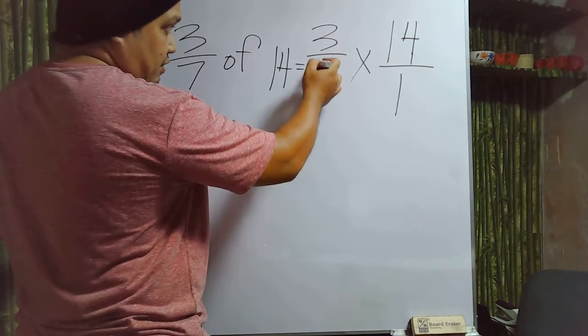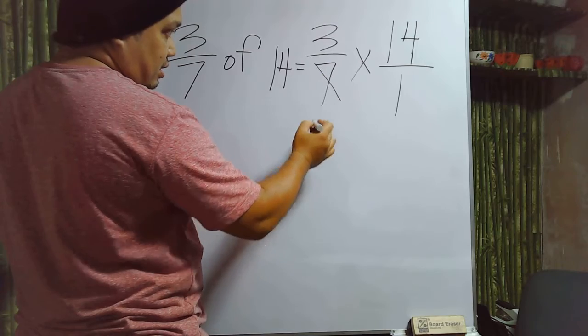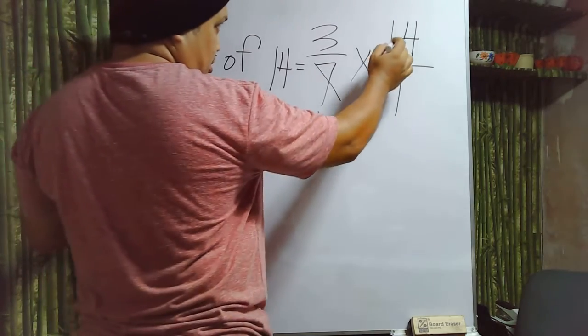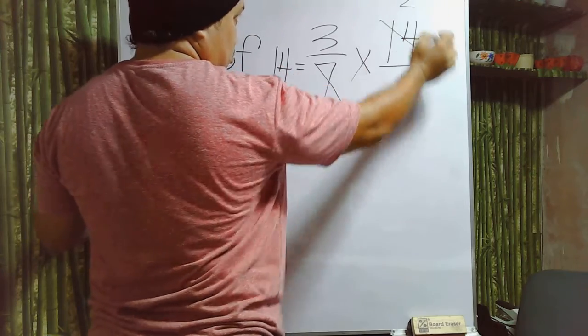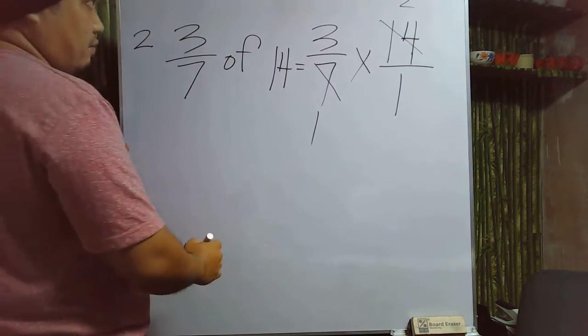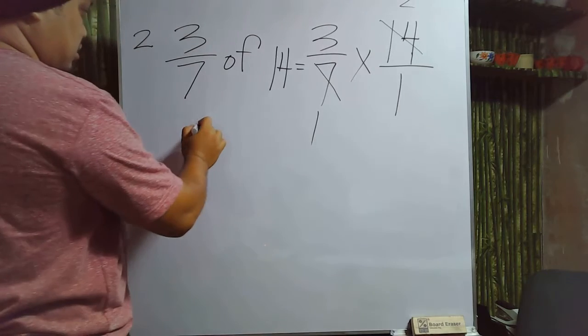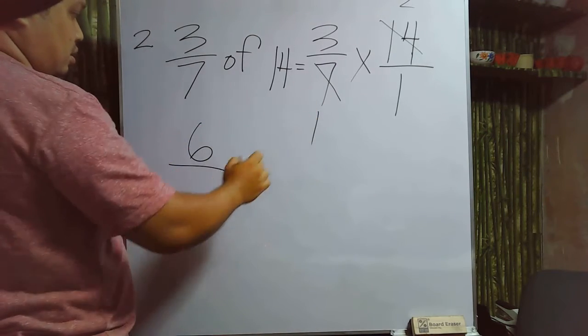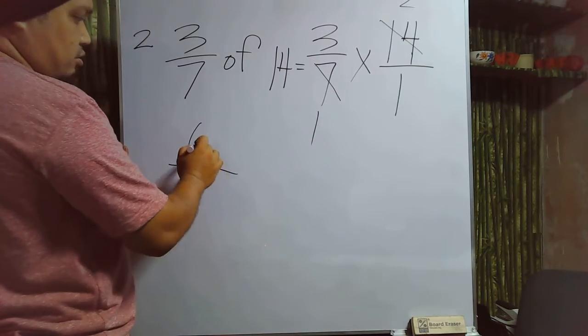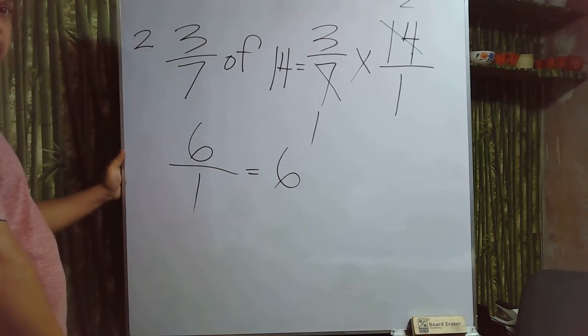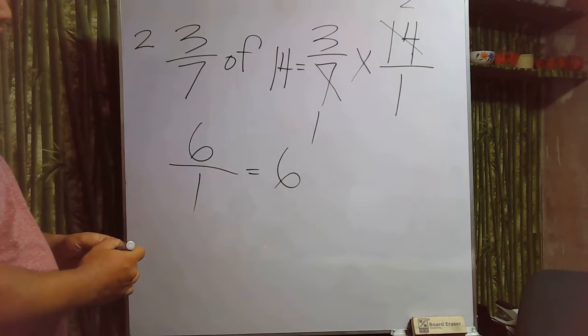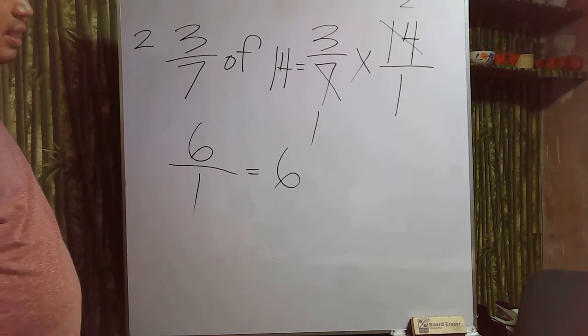So 7 divided by 7 is 1, and 14 divided by 7 is 2. Now 3 times 2 is 6, and 1 times 1 is 1. 6 divided by 1 is 6. Therefore, for our final answer, 3/7 of 14 is 6.